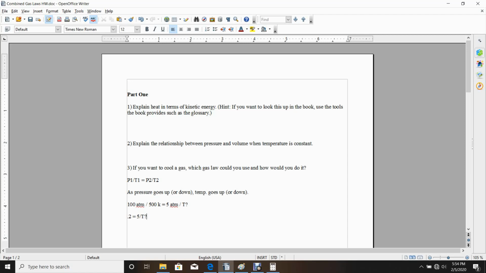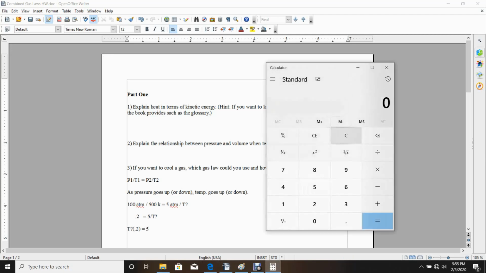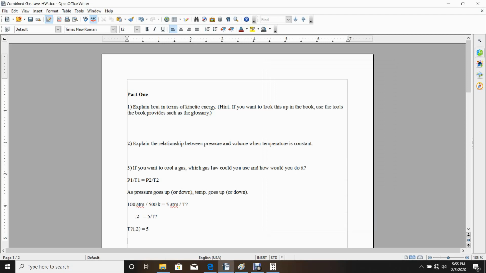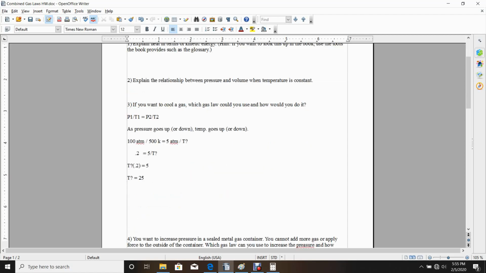We can rewrite this as T question mark times 0.2 equals 5. And then we divide both sides by 0.2. 5 over 0.2 gives us 25. So our T question mark, T2, is 25. 25 what? 25 Kelvin.